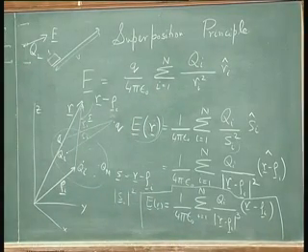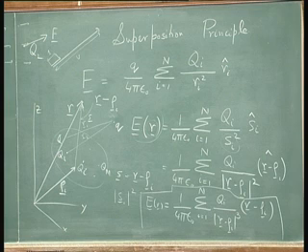Now, this is a working equation and we will use it quite a bit. At the end of last class, I was talking about how you go from a sum of n charges to an integral.